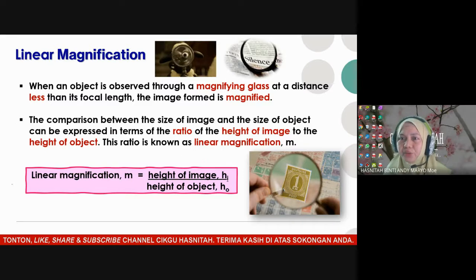This is the ratio of the height of image to the height of object, which gives you linear magnification. So what is linear magnification? It is the ratio of the height of image to the height of object.